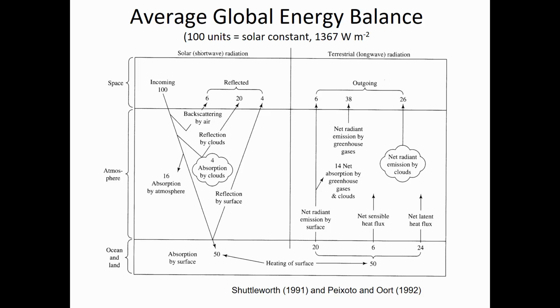But one of the interesting scientific points it makes is that water and land absorb energy at a different rate. The polar ice caps absorb energy at the lowest rate because, being white, they tend to reflect the incoming solar radiation. So this 50% absorbance, here it's saying reflection by surface is only 4 out of 100. Well, that's an average over the entire globe.